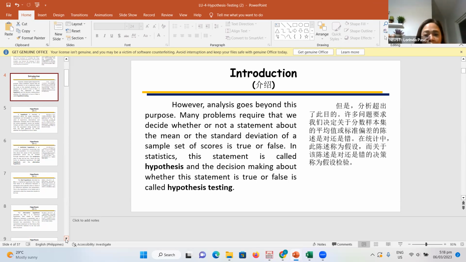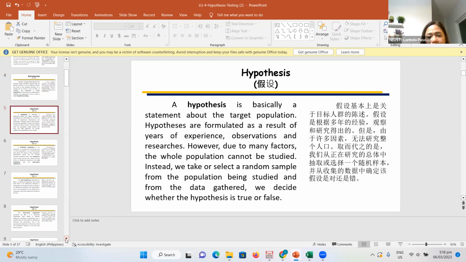Sometimes the steps are compressed, so there are fewer; sometimes they are spread out, so there are more. Whether 3, 4, 5, or up to 10, it covers the steps from the initial step up to the last step. We call that hypothesis testing.